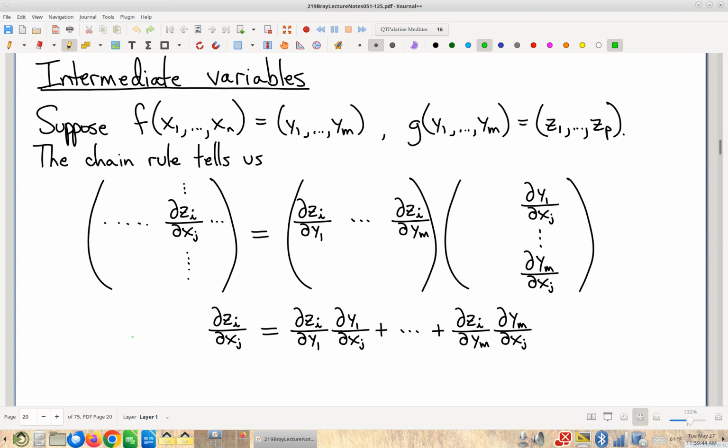And therefore, I only need just these partial derivatives. It's kind of nice to not have to mess around with the whole thing, and I don't want to compute a bunch of stuff over here I'm not going to use, and likewise over there. Look at all the work we're saving just by looking at this, what I'm going to call, again, intermediate variables point of view. So that's my pitch.